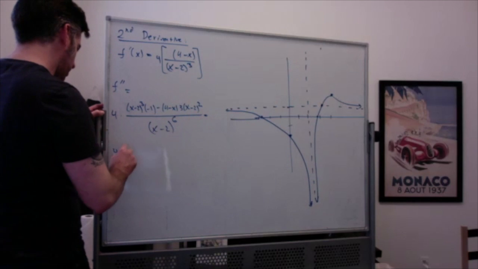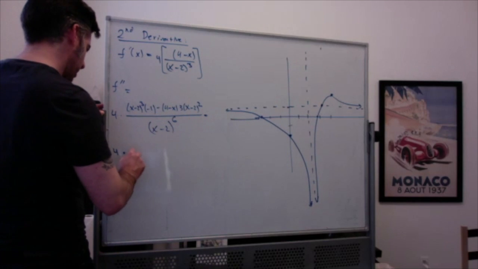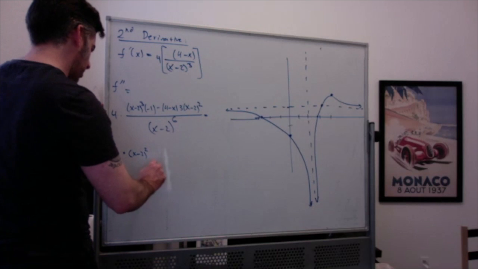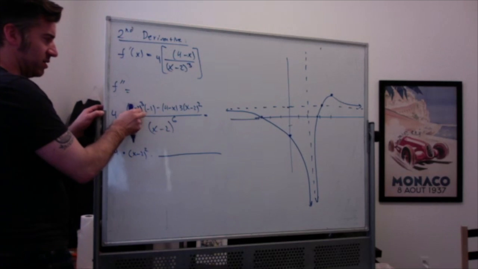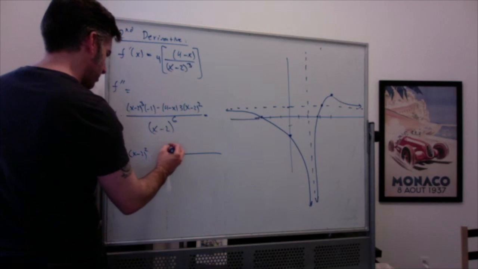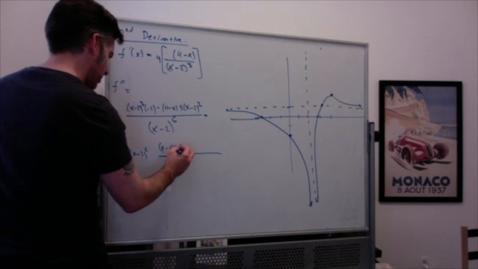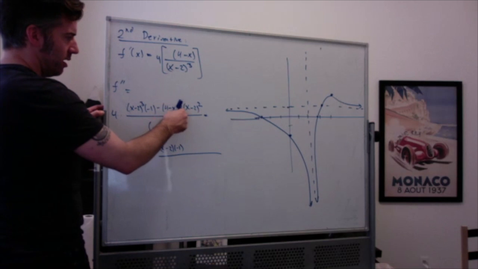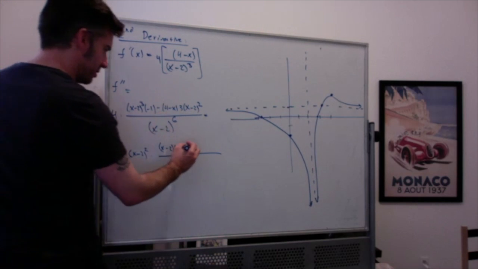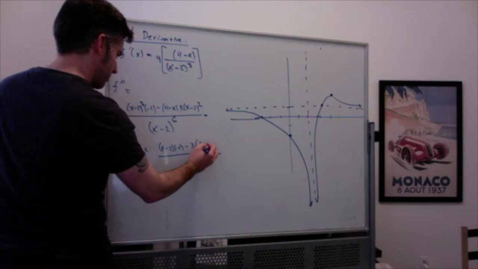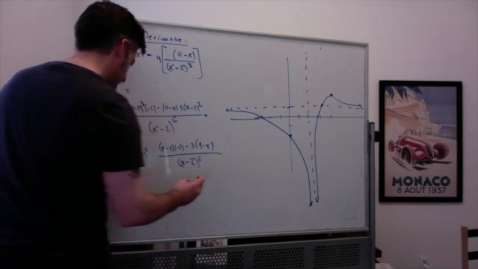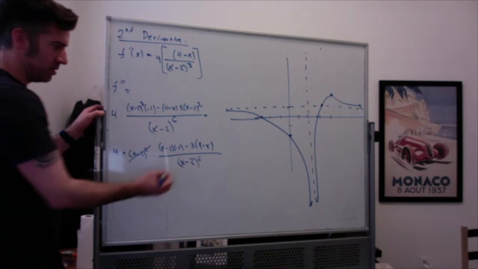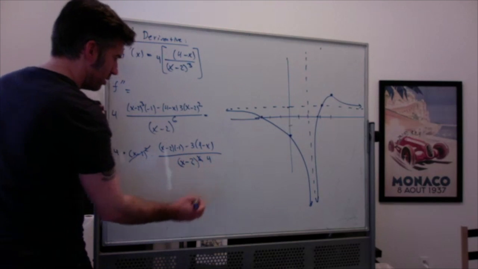So I get 4 times x minus 2 squared times, from here I'm left with an x minus 2 times negative 1. And here I'm left with a 3 times a 4 minus x. All over x minus 2 to the 6th. I can cancel two of those x minus 2s.